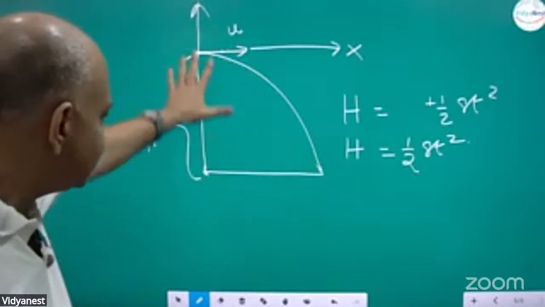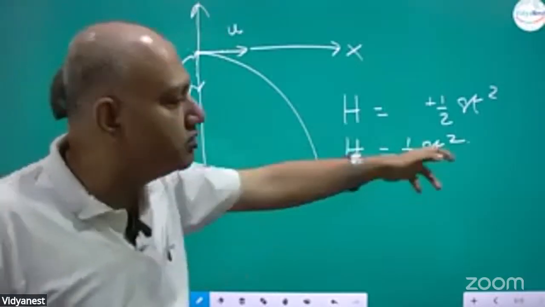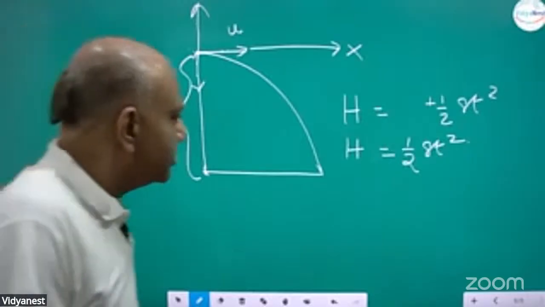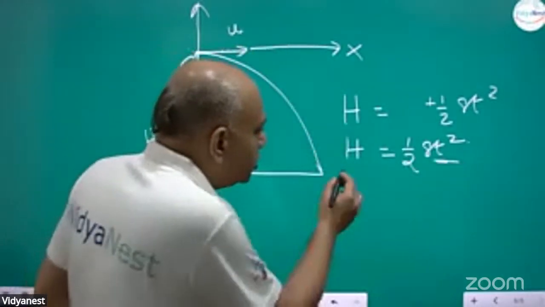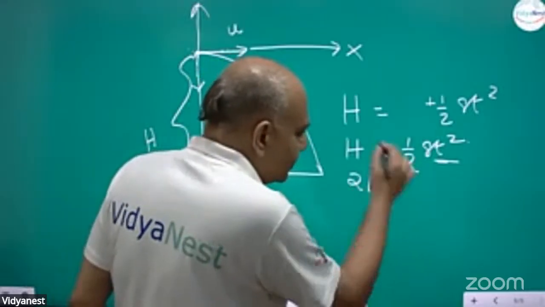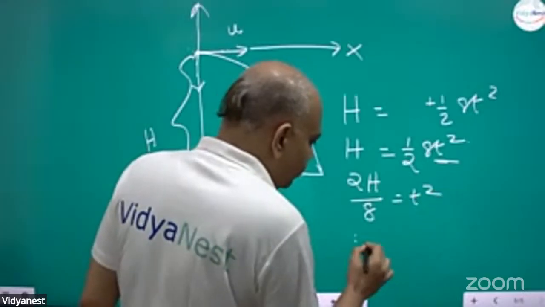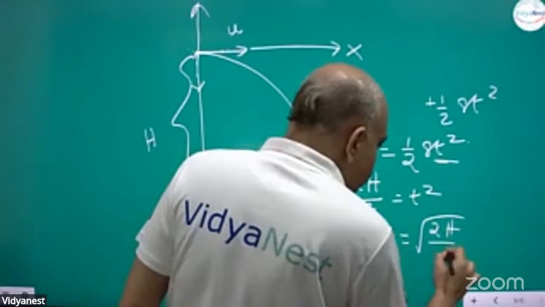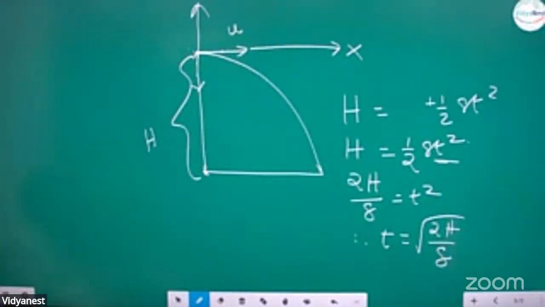So h is equal to half gt square. Therefore 2h over g is equal to t square, so t is equal to root over 2h by g, the time to reach the ground.